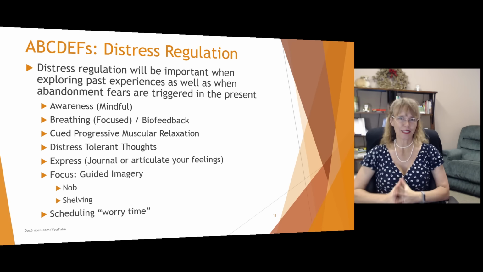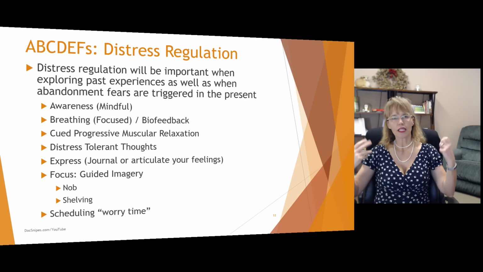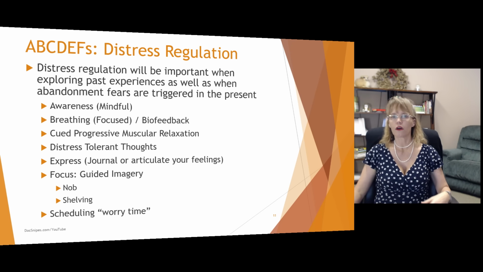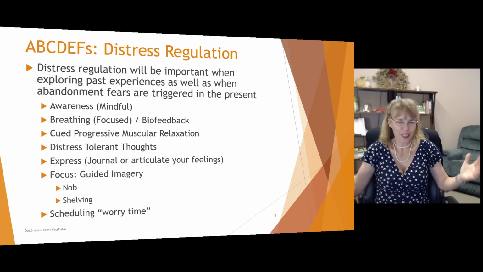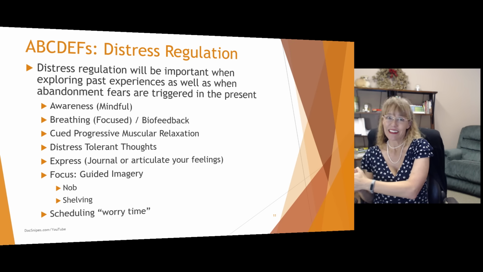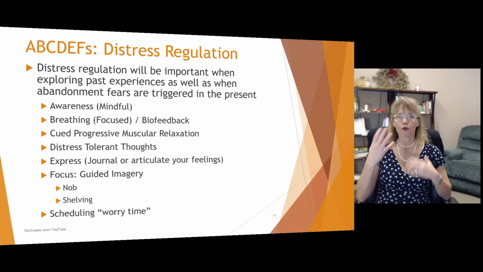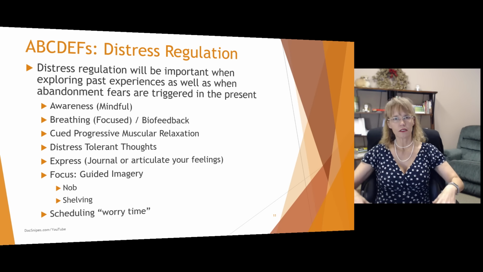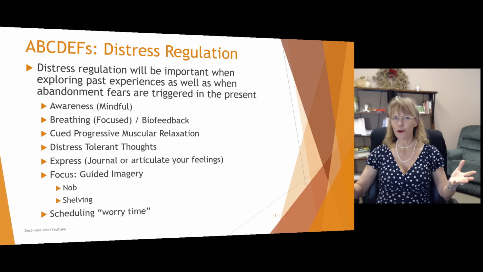Now, the cue comes in because every time you relax your muscles, you say a word like breathe or it's all good or whatever phrase or word you want to say. So in the future, your brain is actually connected to that cue. So when you say that cue, your body will start to relax. It's really kind of cool.